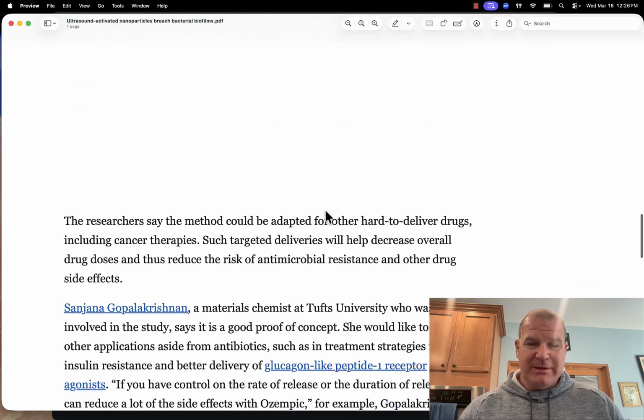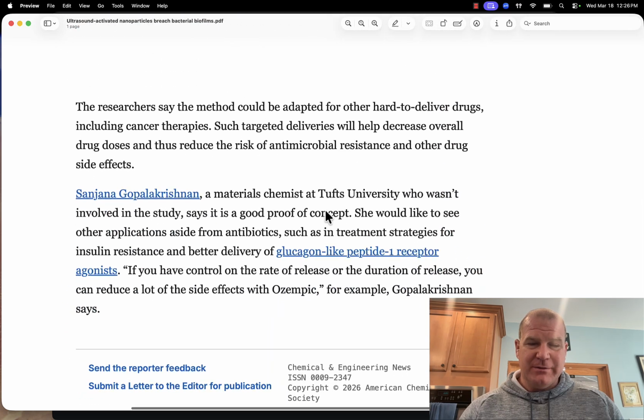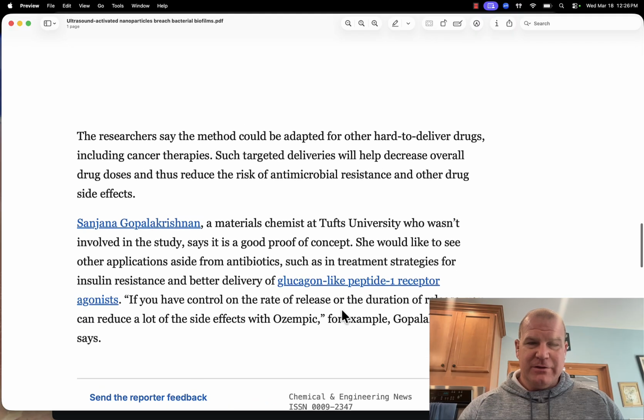Hopefully this technology could be used further to do other things, for treatment of cancers, for instance, and for other things. This one is talking about something like Ozempic, using another class of drugs, not just cancer drugs. Ozempic is more for inhibiting signals, for preventing hunger.